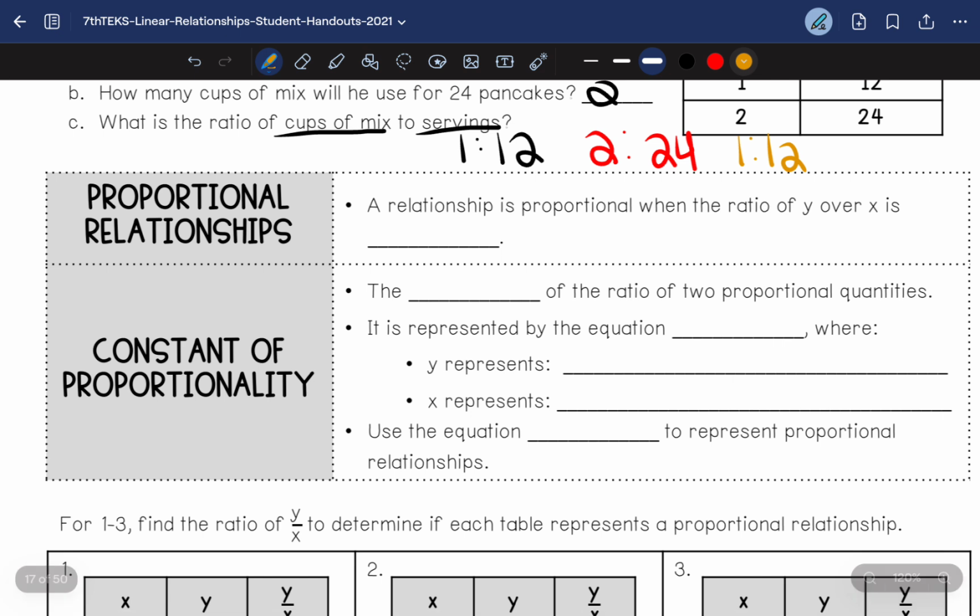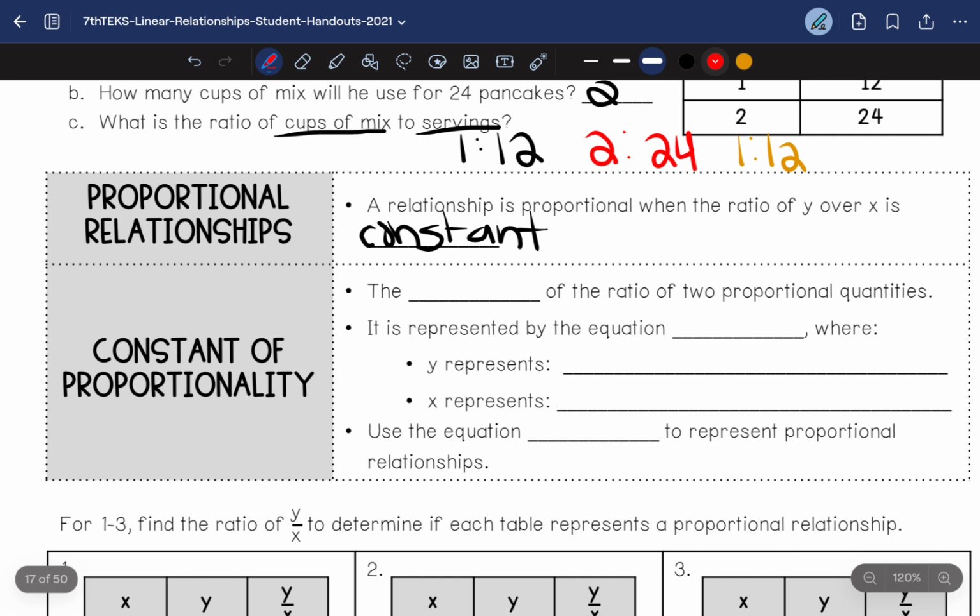So let's talk about proportional relationships. A relationship is proportional when the ratio of y over x is constant. And now we're specifically going to talk about constant of proportionality.